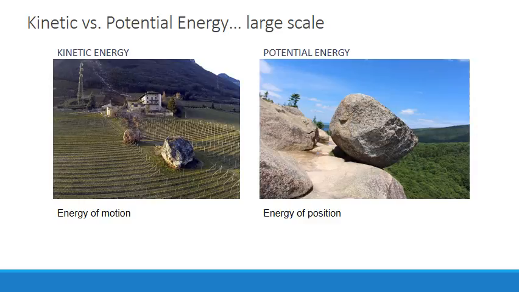And this rock has been precariously perched on the precipice here for years. It's not done any damage because it doesn't have any kinetic energy, right? Only potential energy. If the rock were to topple, all of that potential energy would be converted to kinetic energy until it came to rest again.